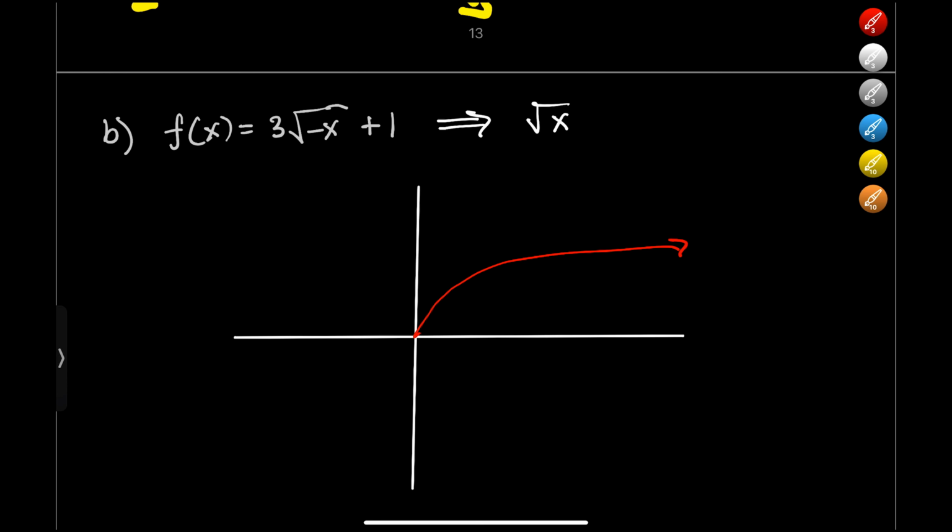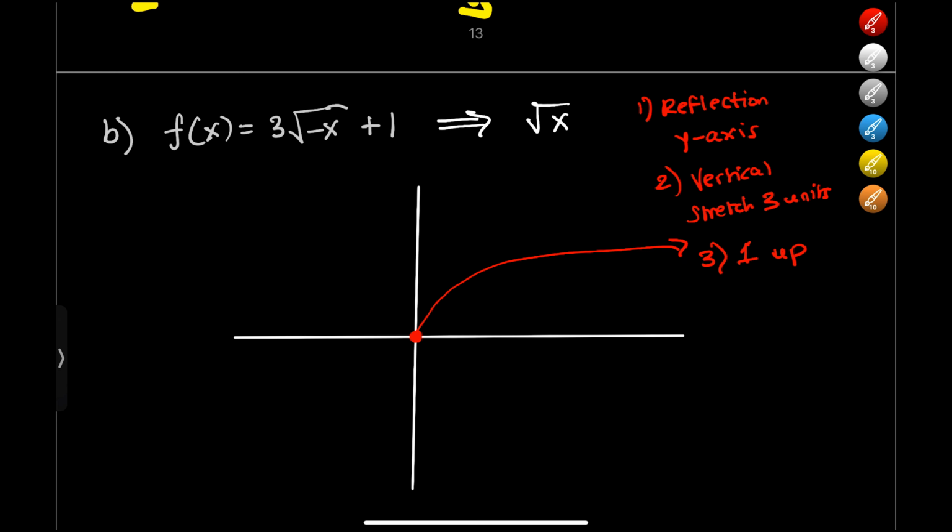So let's follow this point 0, 0 again, and let's see how it plays out. First there was a reflection over the y-axis. Then second, there is a vertical stretch by a factor of 3, and finally it moves 1 unit up.